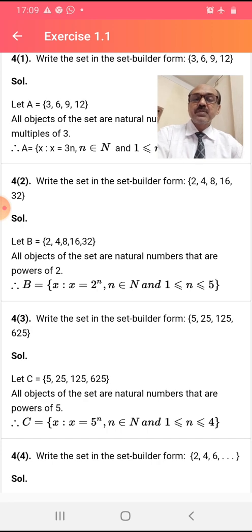That means all objects are powers of 2. So its set builder form is x such that x equal to powers of 2.